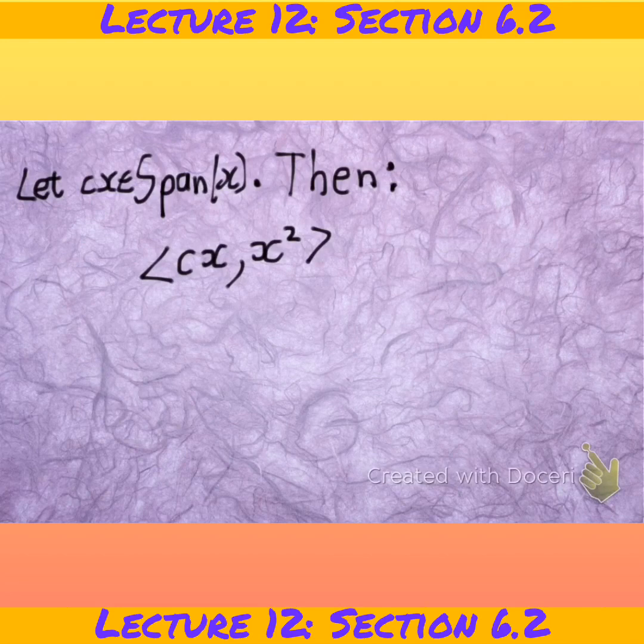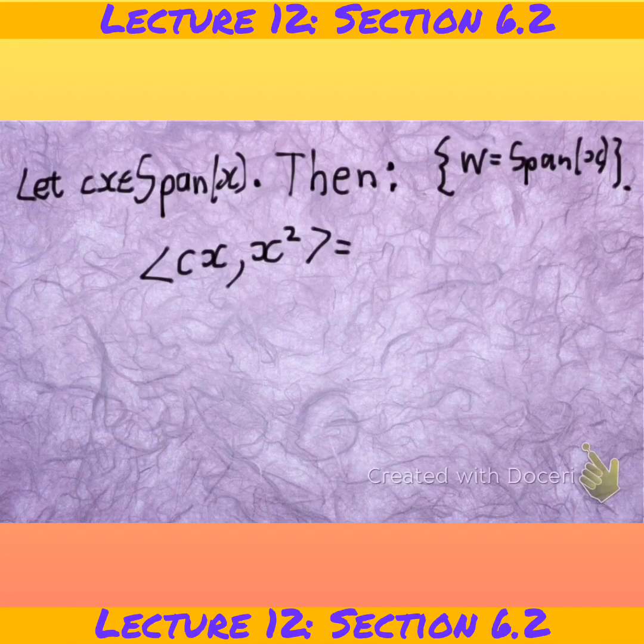Remember, we defined W as the span of x. So we want to show that x squared is orthogonal to every vector in W. Okay, so it must be orthogonal to any arbitrary scalar multiple of x.